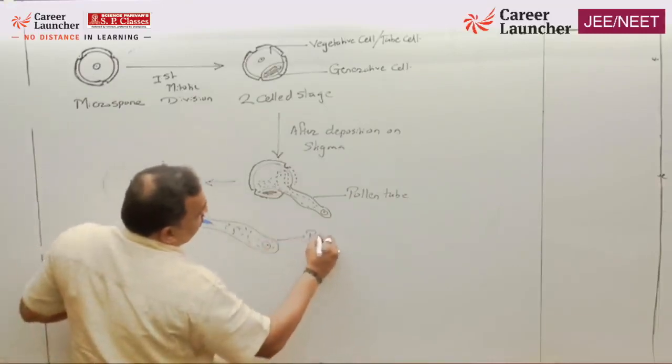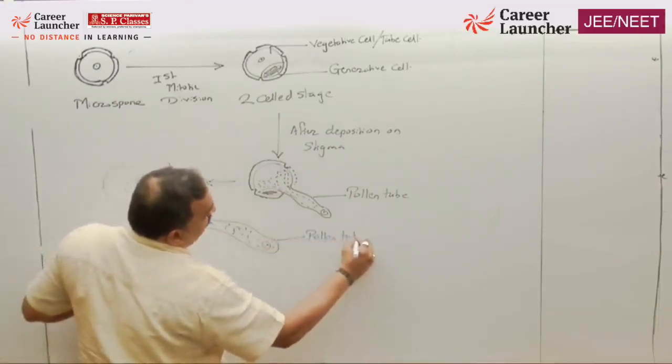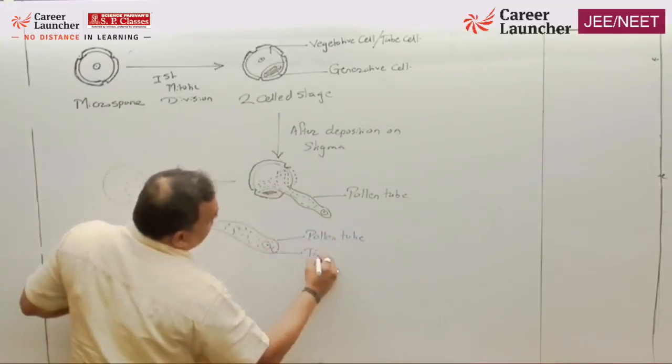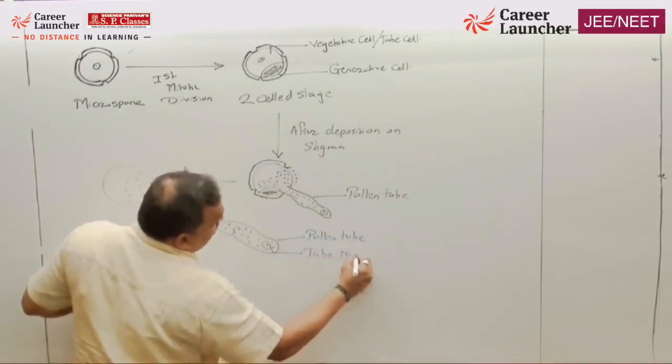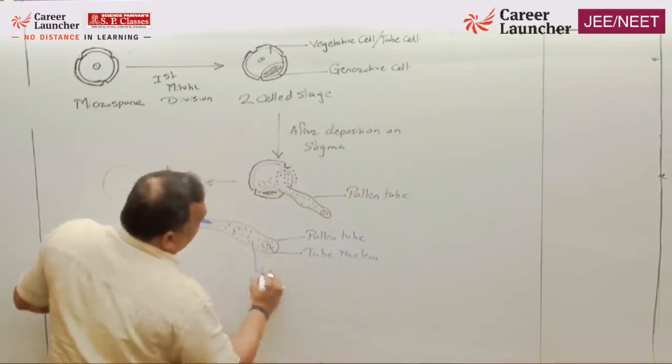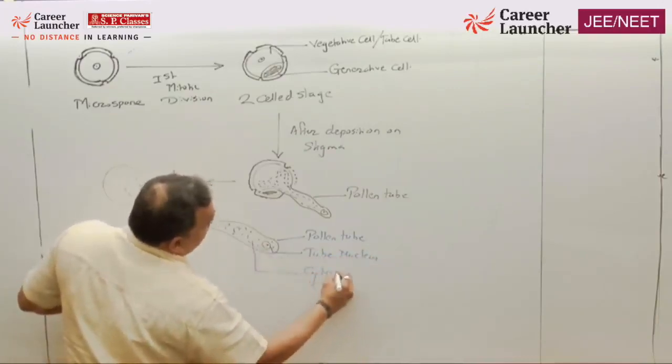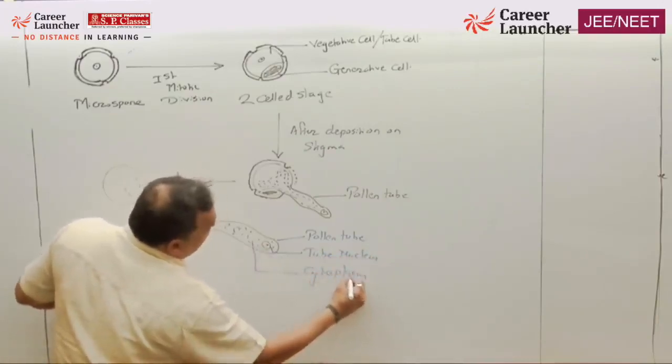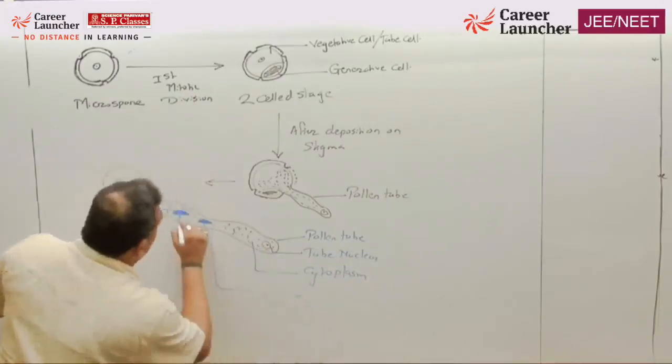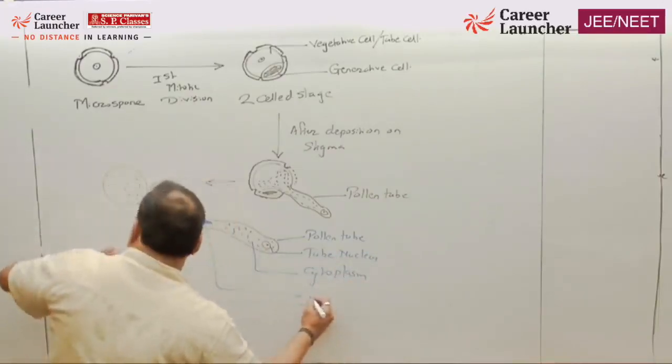So this is the pollen tube, this is the tube nucleus, this is the cytoplasm, and these are two haploid non-motile male gametes.